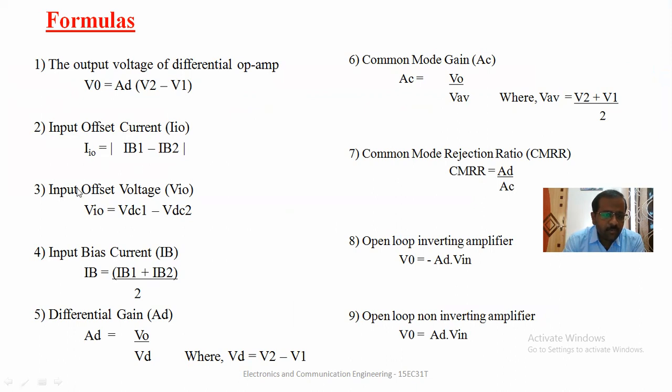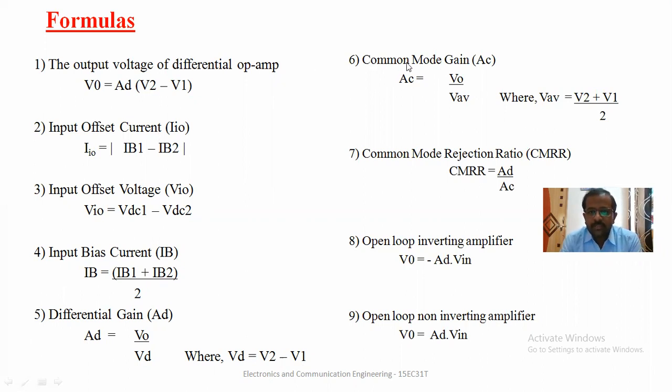The input offset voltage is represented as VIO, in which VIO = VDC1 − VDC2, and the input bias current IB is given as IB = (IB1 + IB2) / 2. The differential gain AD = V0 / VD, in which VD = V2 − V1.